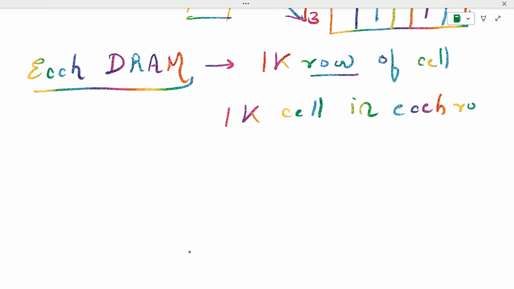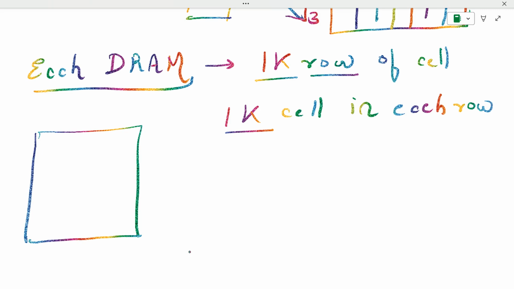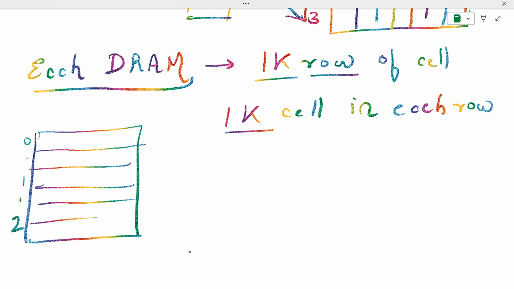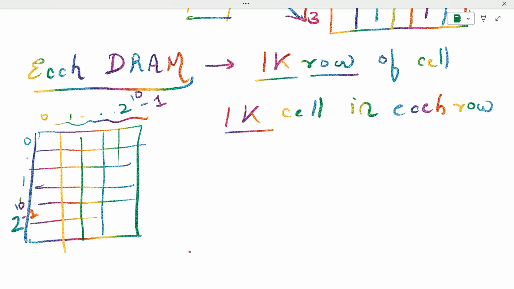So that is the column of cells. It's something like this. So this is 1k rows, 0 up to 2 raised to the power 10 minus 1, and each row is divided into 1k columns, so 0, 1 up to 2 raised to the power 10 minus 1. So this is the configuration.